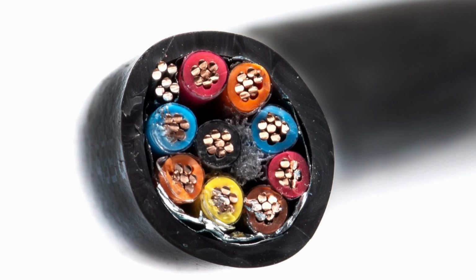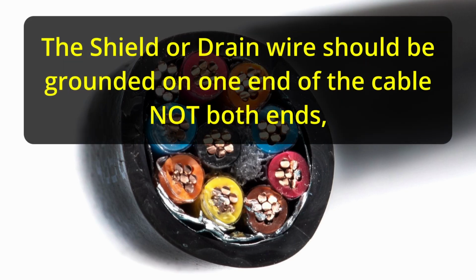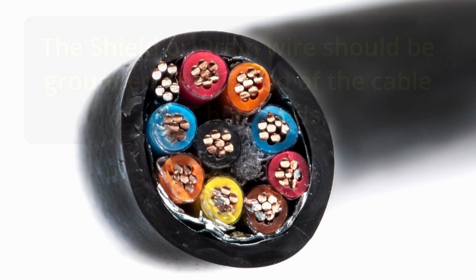And what that does, if you're carrying low voltage signals inside of those wires, you don't want extraneous signals coming in from outside. That shield, that aluminum or copper lining that is around all of those inner conductors, keeps out those stray signals so that you're not going to get bad signals.